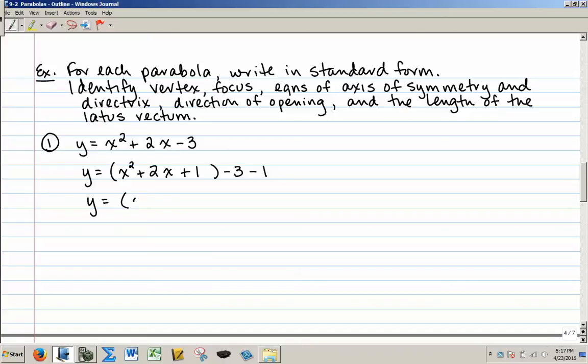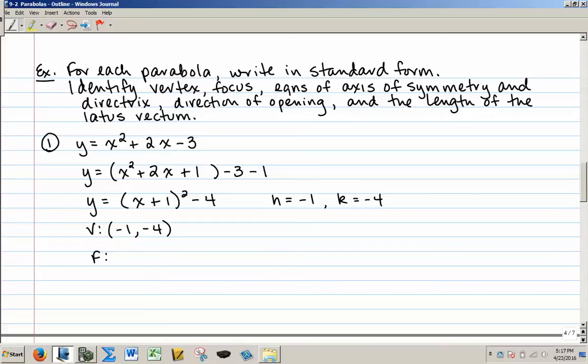So that's going to factor into x plus 1 squared minus 4. So my h is negative 1, and my k is negative 4. Remember, this is x minus h, so h has to be a negative 1 plus k. So that means that my vertex is going to be the point (-1, -4).